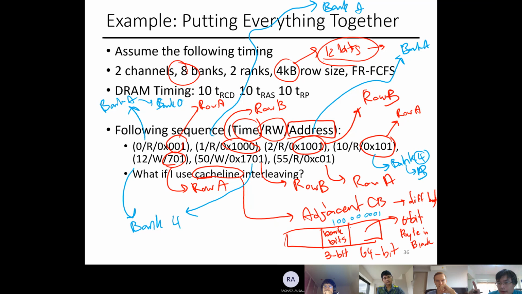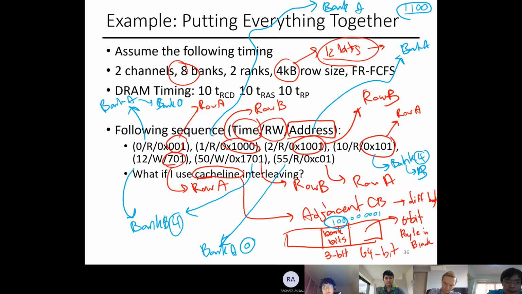Because 7 is 111, right? 0, 1, 1, 1. The last ones here is a part of the bank bits. What is C? C is 1100, right? So this is bank B or bank 4. This is bank A again, or bank 0. So there are two banks, bank 4 and bank 0.